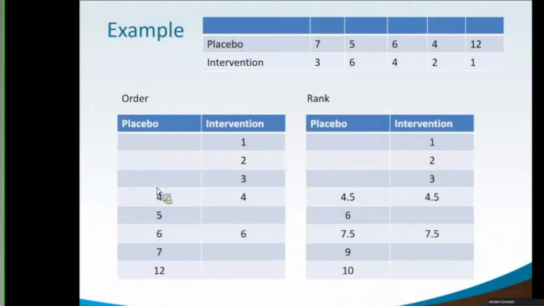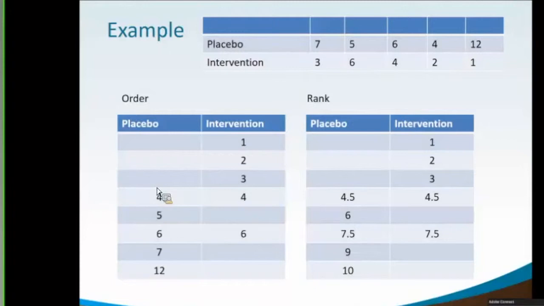And then you basically have to settle the ties. So if you look in the 4th column, there was a 4 and a 4. So that's the 4th and the 5th in the rank. So 4 and 5 is 9 divided by 2, so it's an average rank of 4.5. The same thing when we get to the 6s.